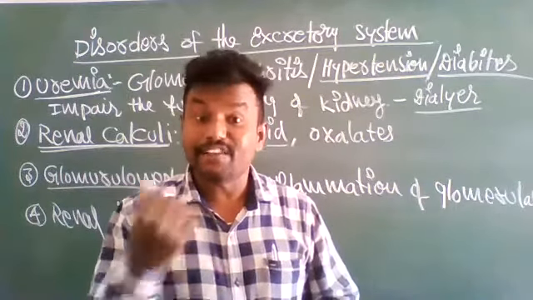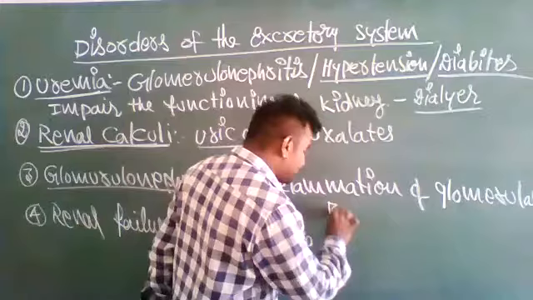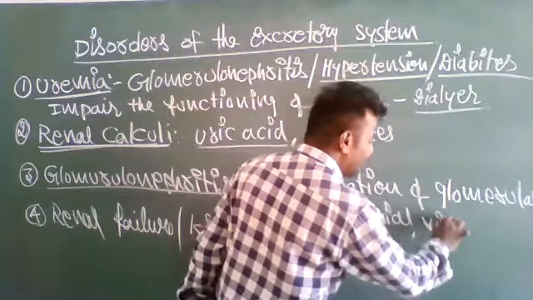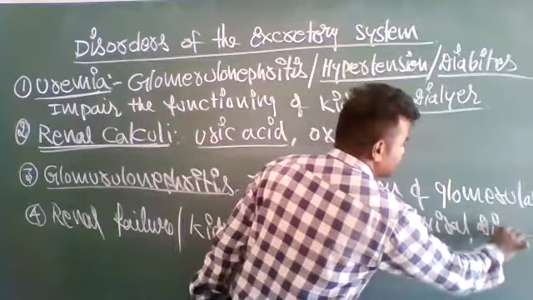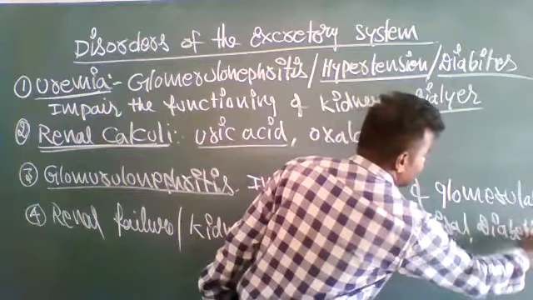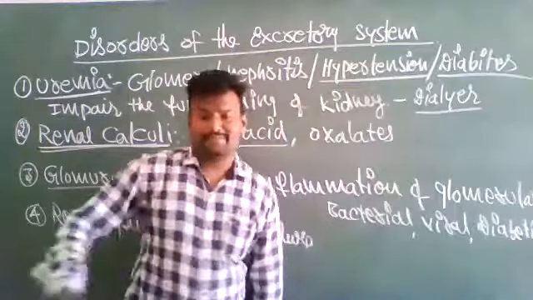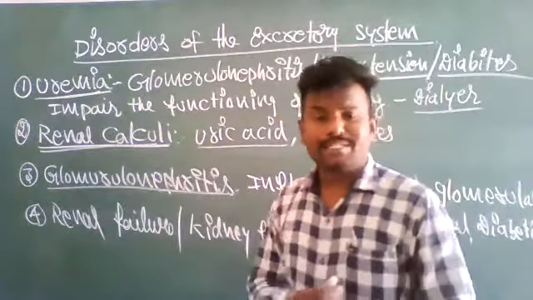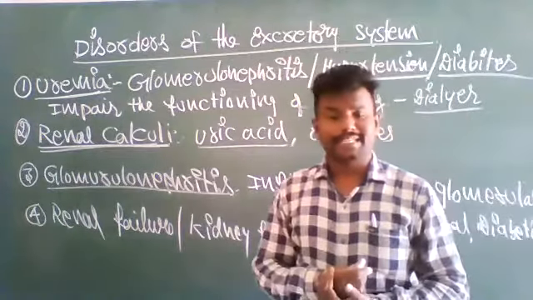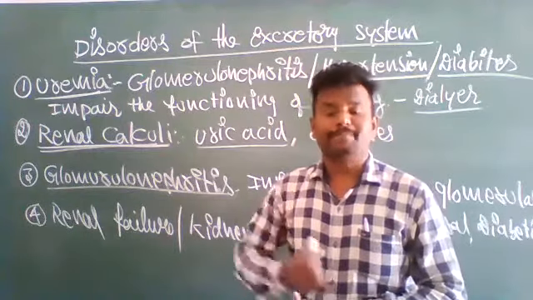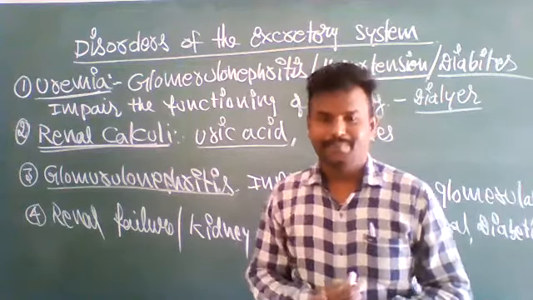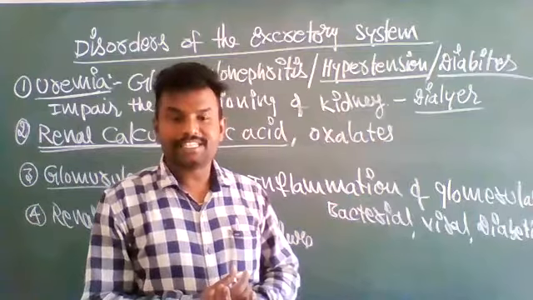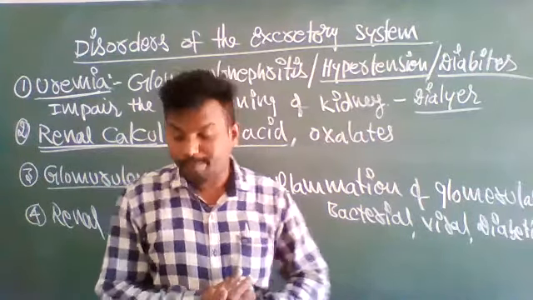Certain diseases and infections, like bacterial infections, viral infections, protozoal parasites, diabetes, and high blood pressure, can cause inflammation of the glomerulus. In such conditions, glomerular filtration will be affected.